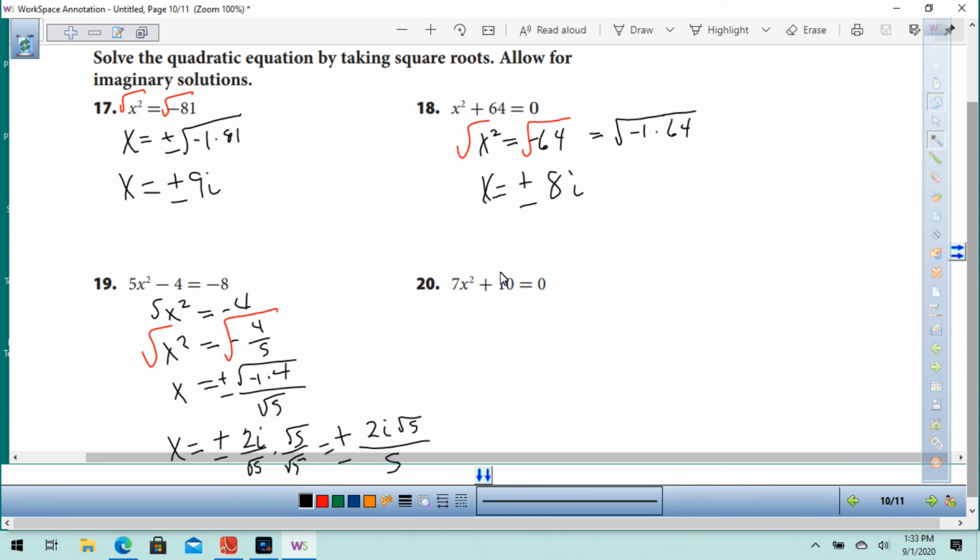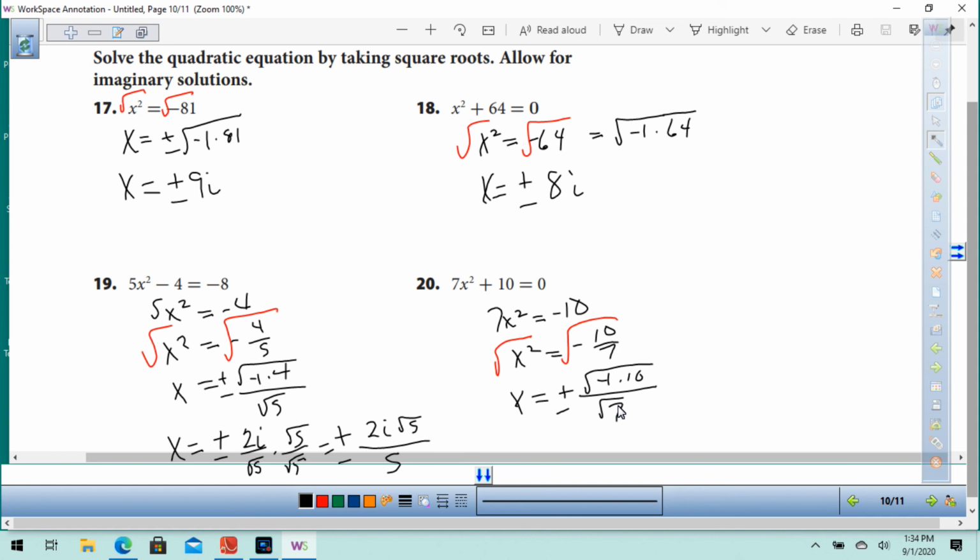We have done it. Let's subtract 10 from both sides. We have 7x squared equals negative 10. Divide both sides by 7. We got x squared equals negative 10 over 7. Let's take the square root of both sides. And we have x equals plus or minus the square root of negative 1 times 10 over the square root of 7.